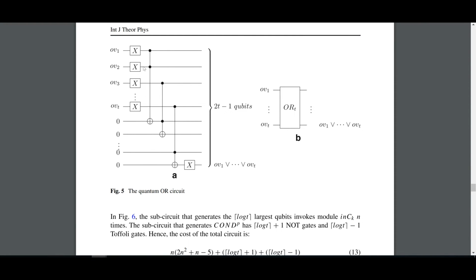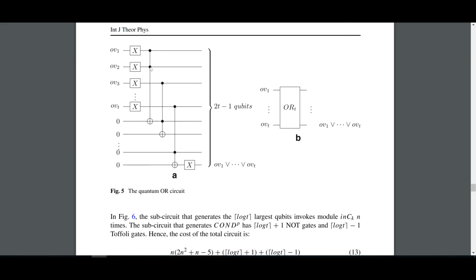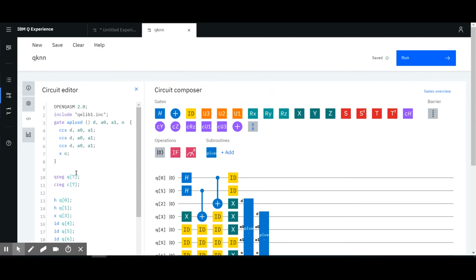But if it's just one of them that is 1, that would probably fail. It's just a generic implementation. So I think I'm just going to add another qubit.